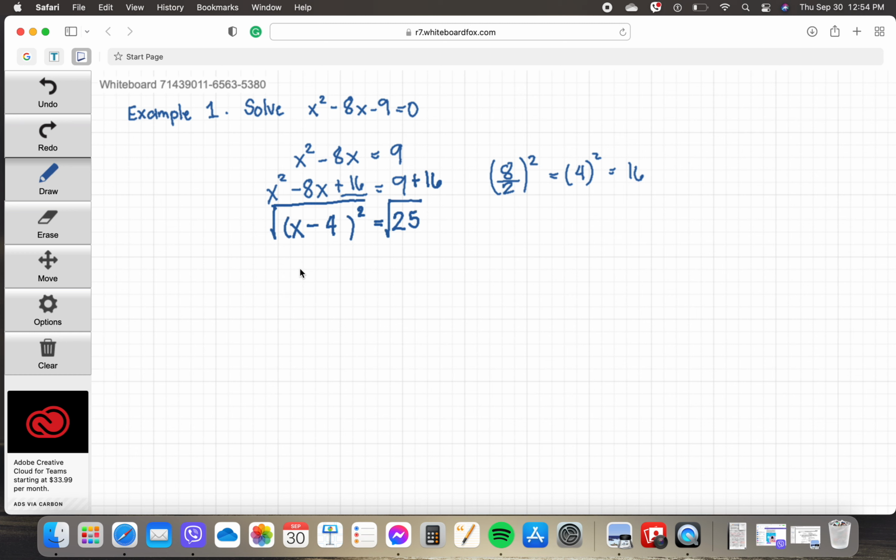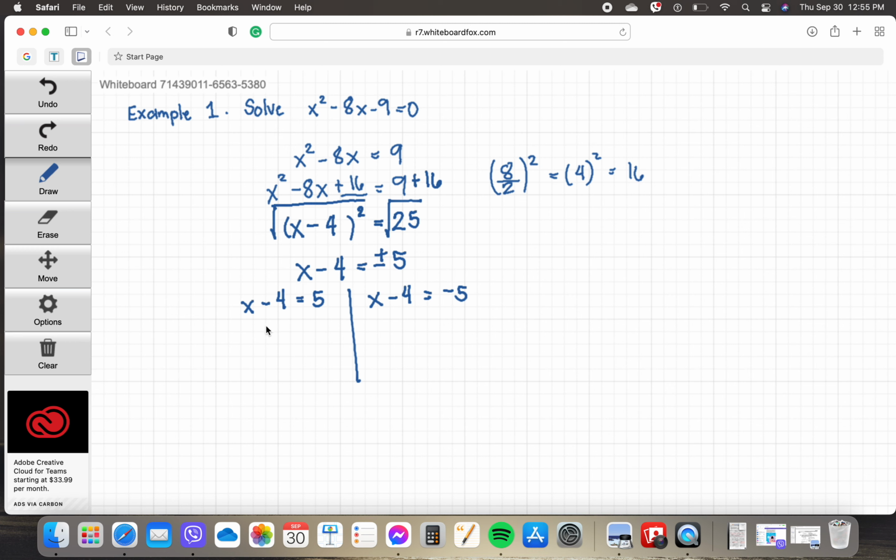So, we will be having x minus 4 na lang. And then, square root of 25 is positive or negative 5. And then, we would be splitting kasi ito ay may 2 values. So, pwedeng x minus 4 equals 5, positive 5, or x minus 4 equals negative 5 naman.